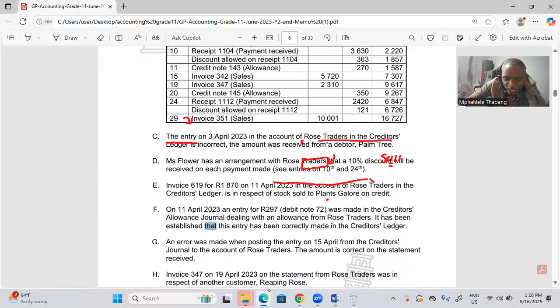It has been established that this entry has been correctly made in creditors ledger. So let us look at it. An entry for 297, debit note 72, was made in creditors allowance journal with an allowance from Rose Trader.